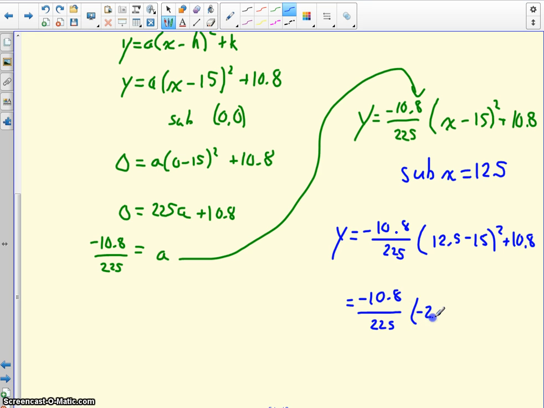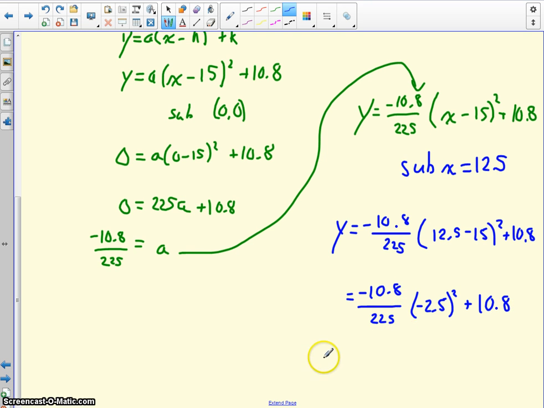So I get negative 2.5 in here all squared. And just simplify it here. So just run this through your calculator, see what happens. And I get, okay, when all is said and done, I wind up with 10.5 meters.